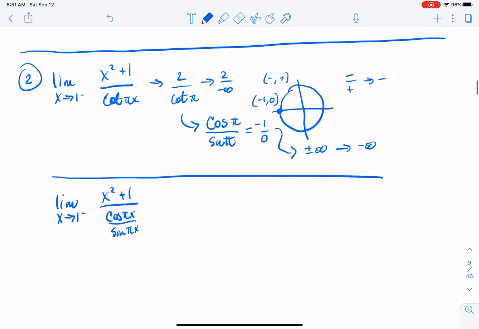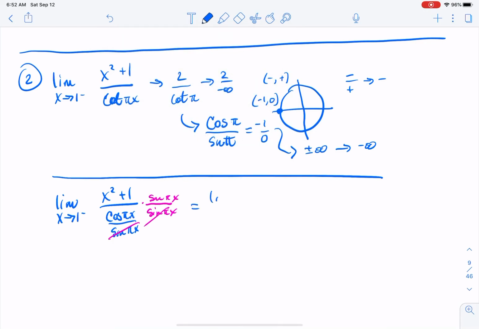And it's a complex fraction, so we want to multiply to get rid of that. So we're going to multiply by our fancy one of sine pi x over sine pi x. Okay, and on the bottom they'll cancel, which leaves our sine pi x up on the top.